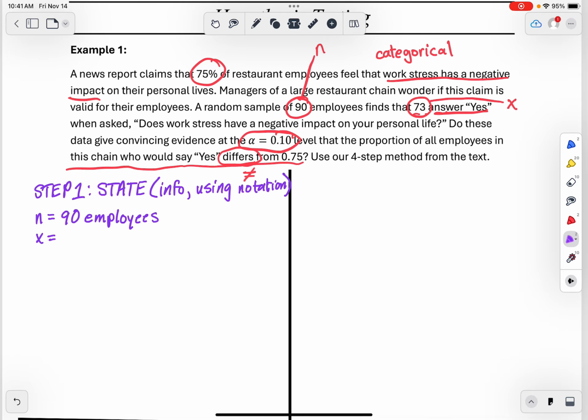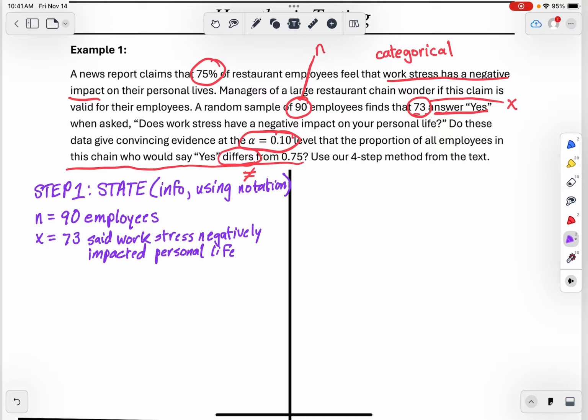So we said 73 said work stress negatively impacted their personal life. So that's a little wordy, but that's what that counted.